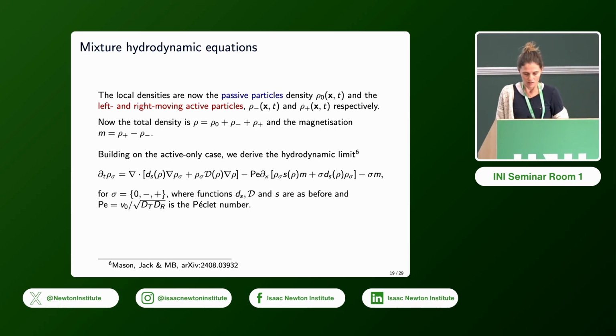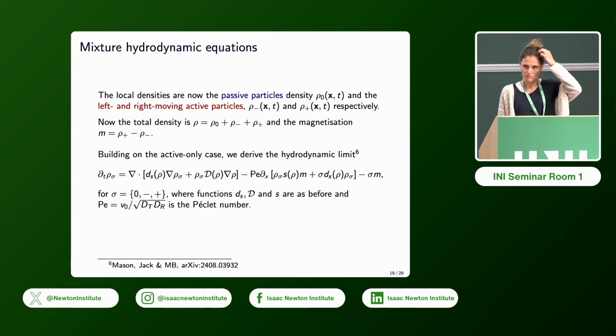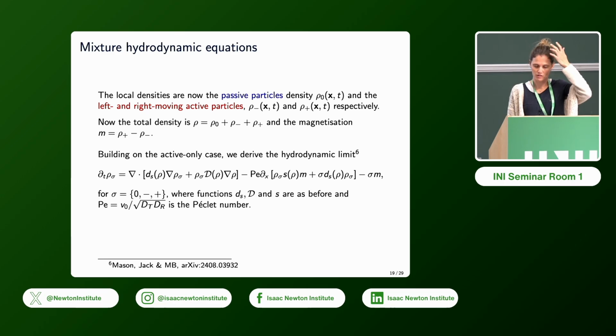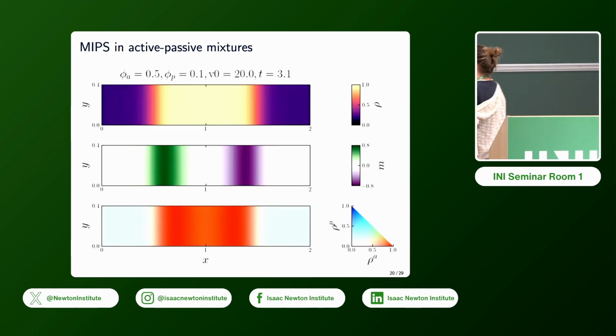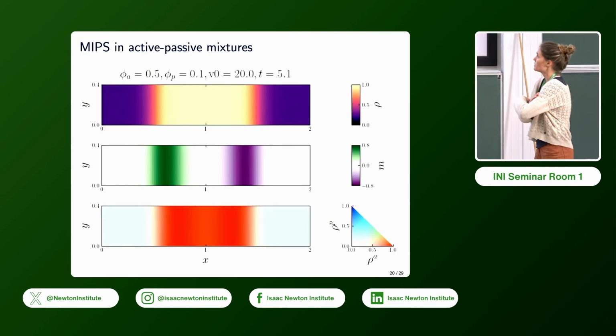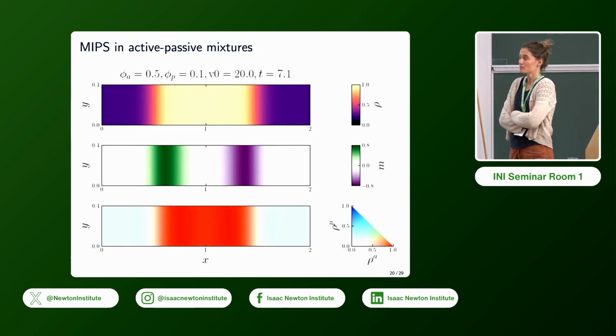Okay. So I'm just going to show you now some PDE simulations for this system to show you a bit of the sort of things that can happen. The first thing I want to show you is that you also get these MIPS in the mixture.